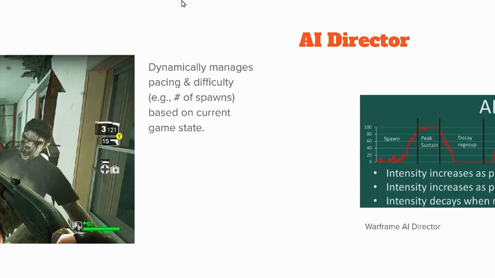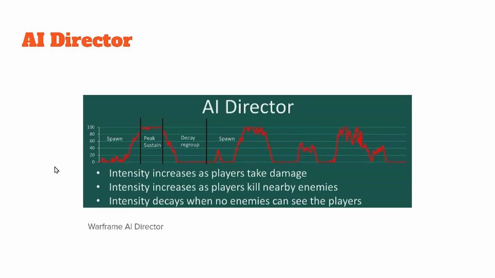This is an example of how the number of spawns might happen during the course of a game, where it's building up, it's peaking, then it fades off, then they get a breather, and then the same thing just repeats like that. This is a screenshot from a talk done by the director of Warframe, another game that uses an AI director.